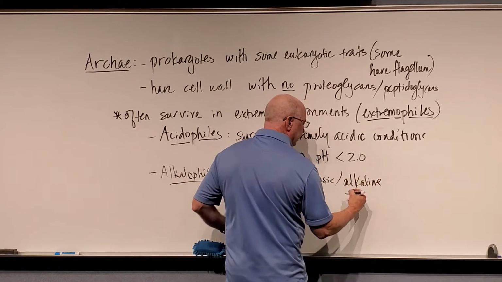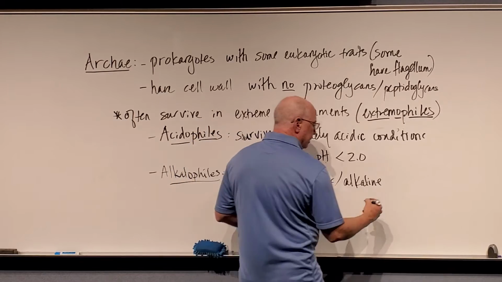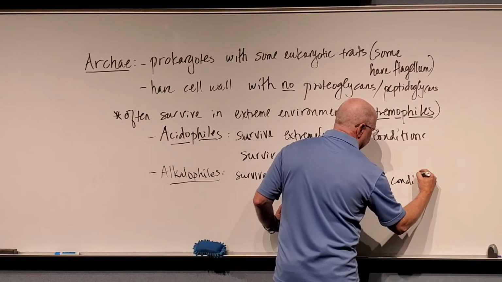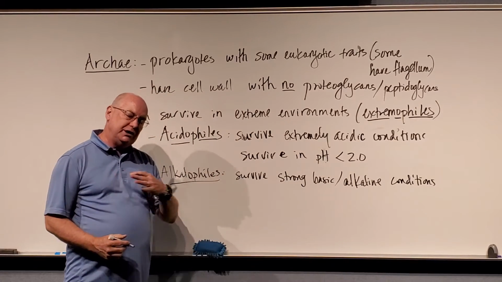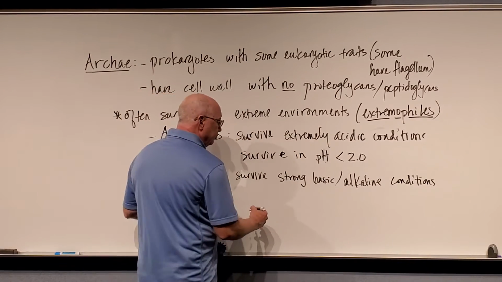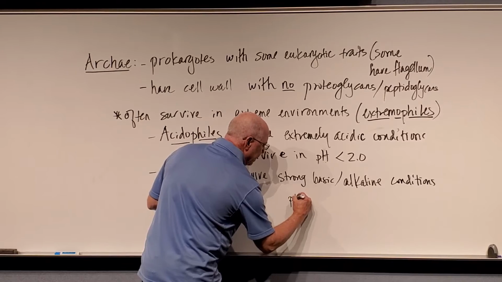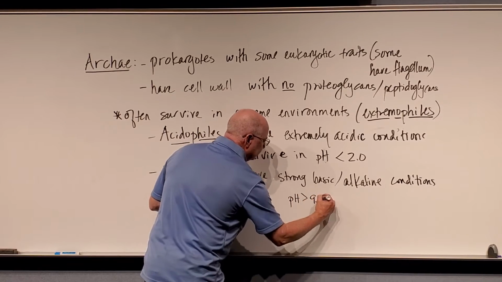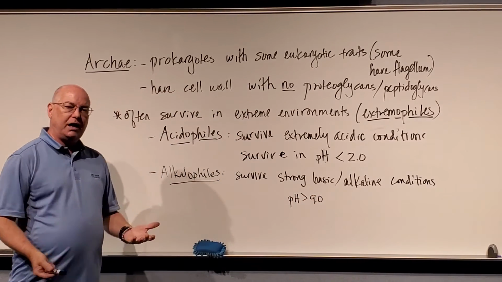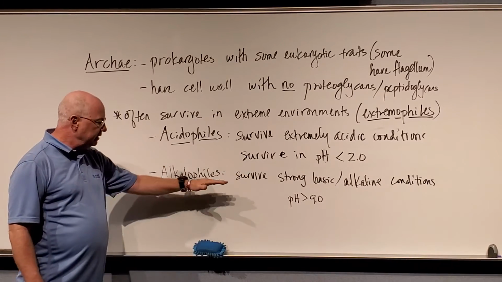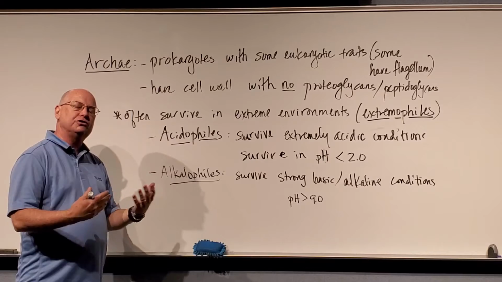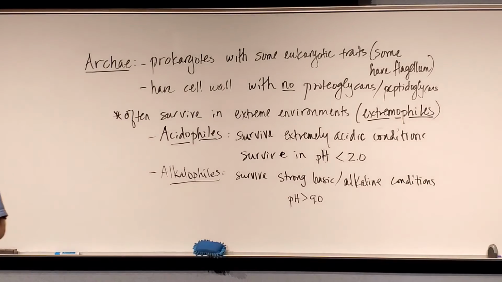Alkaline and alkali mean basic or base. And there are pHs that are very high on the pH scale that would kill most living organisms. So these can survive in a pH that is greater than 9.0, which would kill most life. But there's a group of organisms that thrive in that environment. They love that environment. They reproduce and survive in it. So we call them alkalophiles.